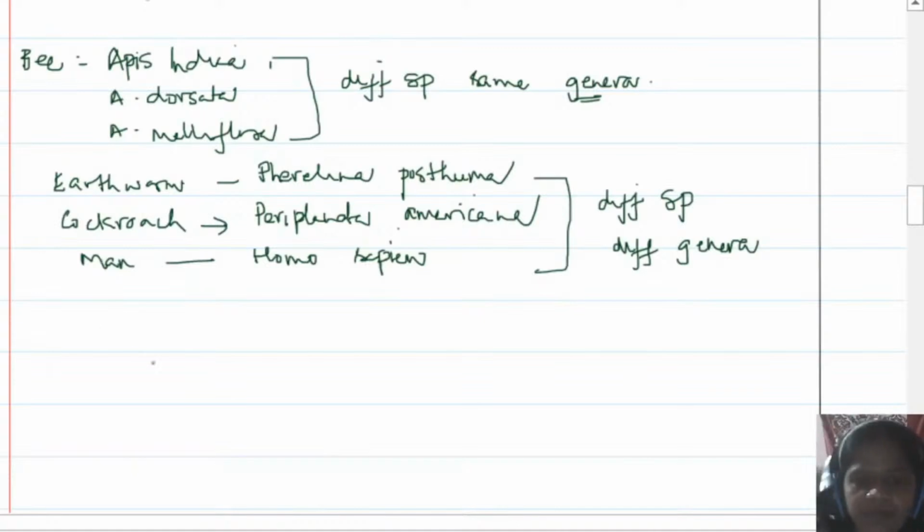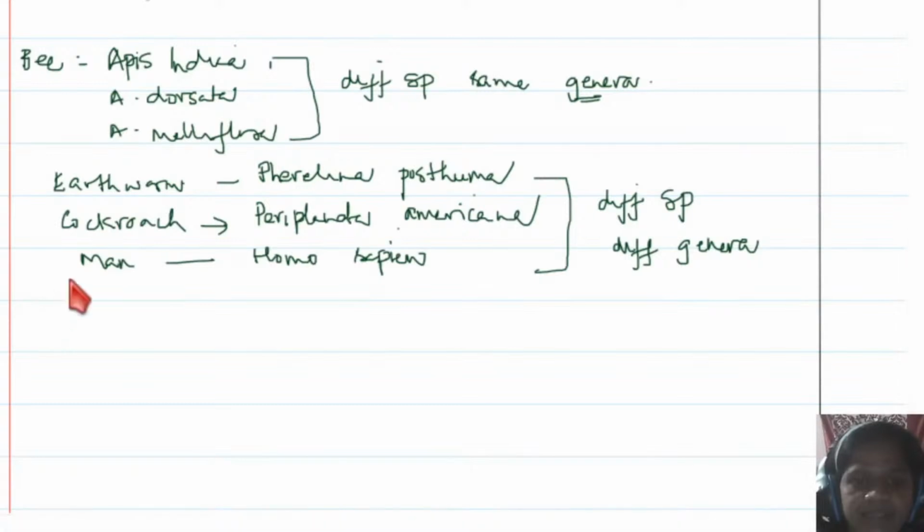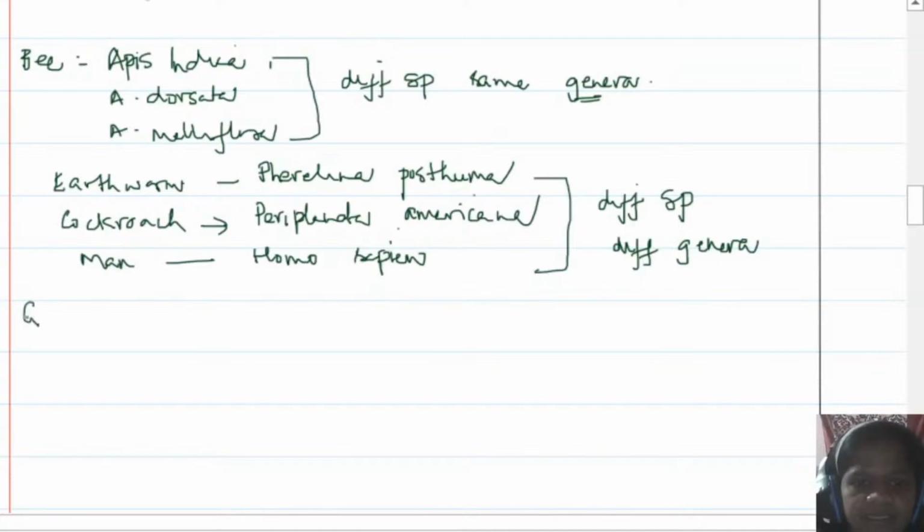So there is one more caveat. There's one more thing that we need to understand, and we can close the species concept. What is it? The related species. Let's take the genus Equus. Who comes in this genus? The donkeys and horses, right? They belong to the same genus.